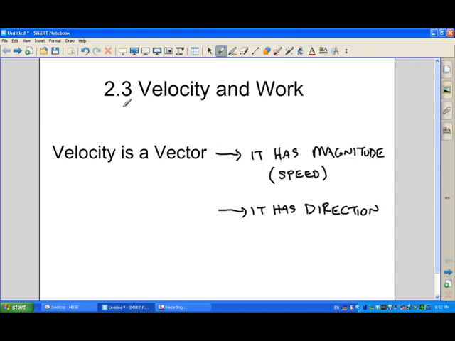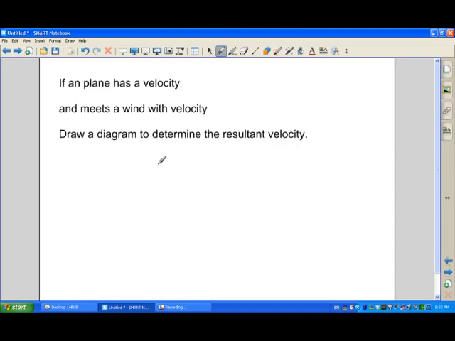So today we're going to look at some harder velocity problems. Let's start with an example. If a plane has some velocity that we'll call vector v, and it meets a wind with velocity w, let's try and draw a diagram to determine the resultant velocity.